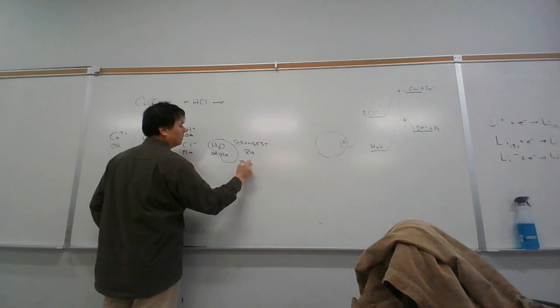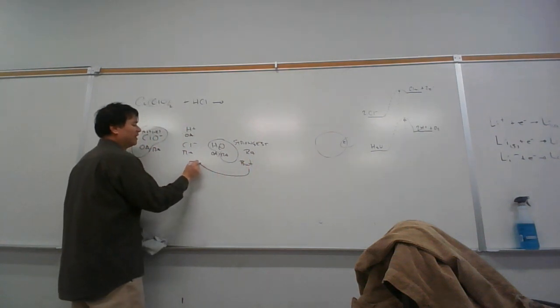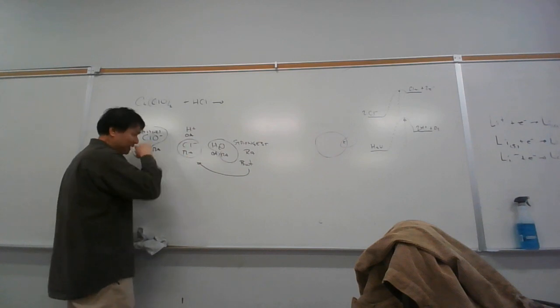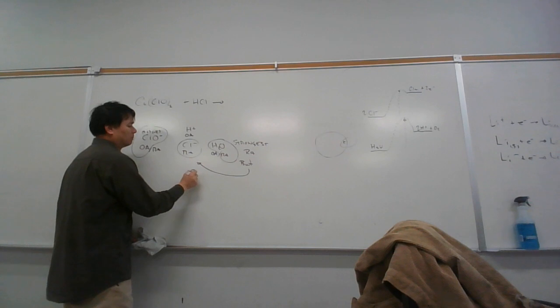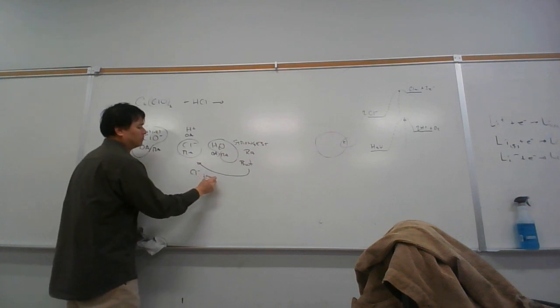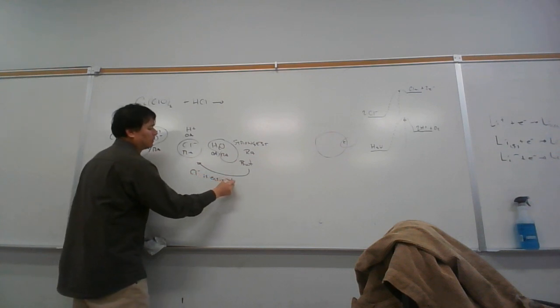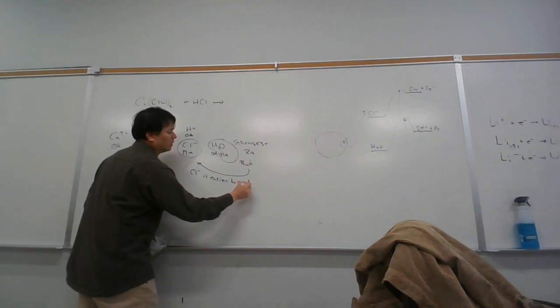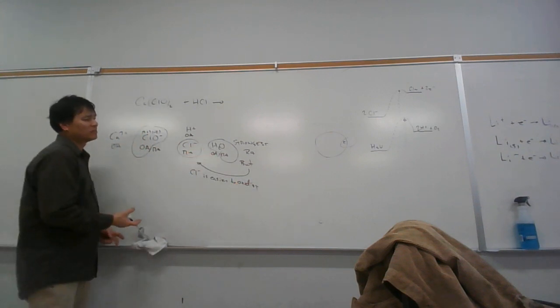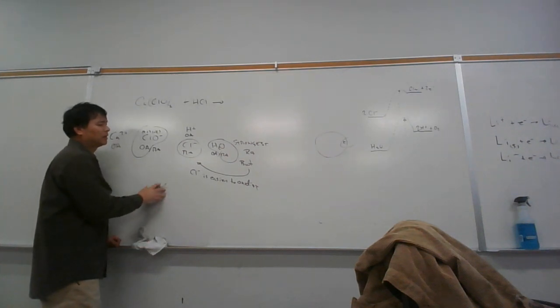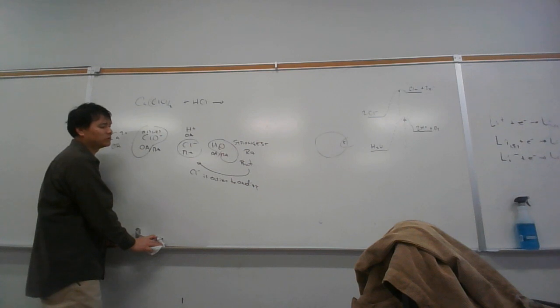But chloride turns out to be easier to oxidize. We predict this one to be the strongest RA because it's going to give us the most energy, but chloride's easier to oxidize and it gives us a decent amount of energy.